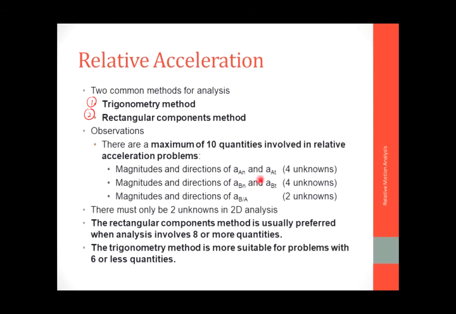For AN and AT, there are 4 unknowns. This is for particle A, and for particle B we also have normal acceleration and tangent acceleration, each with magnitude and direction. And also we have the magnitude and direction of acceleration of B relative to A. And there must be only 2 unknowns in 2D.